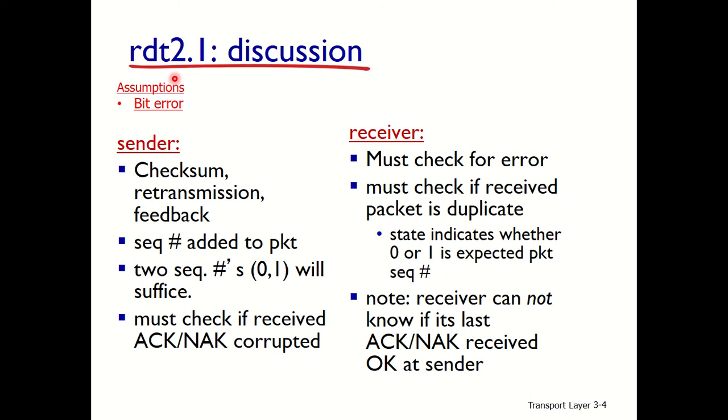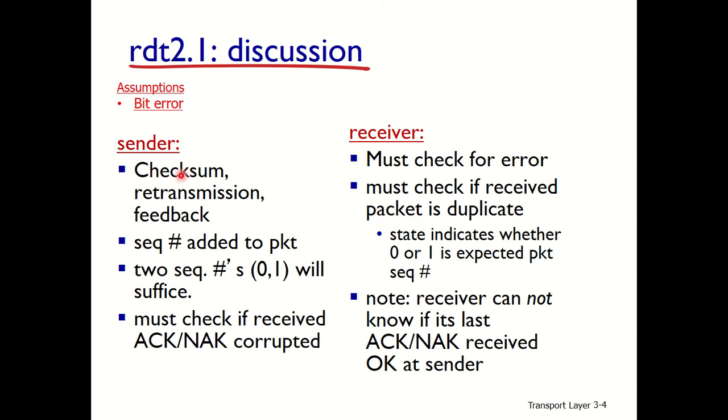In this RDT 2.1, we discussed that first of all we should compute the checksum at the sender side. Why? Because the checksum is a mechanism used to check whether the data has bit error or not. So the sender computes the checksum and then sends the data.